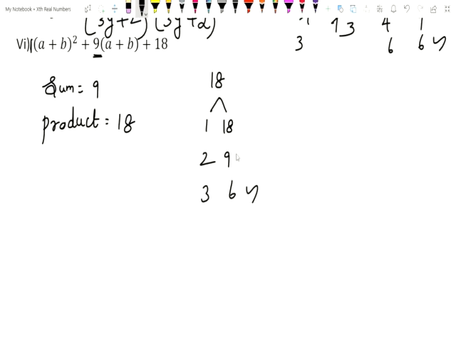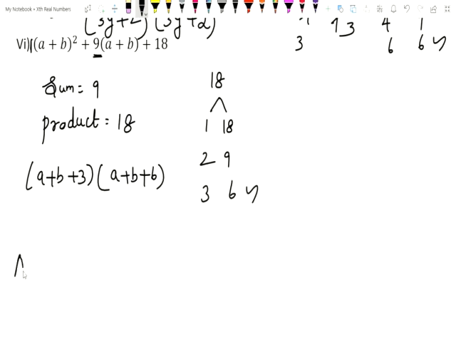After finding the factor, what will we do, children? We have to divide by the coefficient of x square or y square, whatever. Here, what is the coefficient of (a plus b) the whole square? 1. So no need to divide. So here, (a plus b plus 3) into (a plus b plus 6).